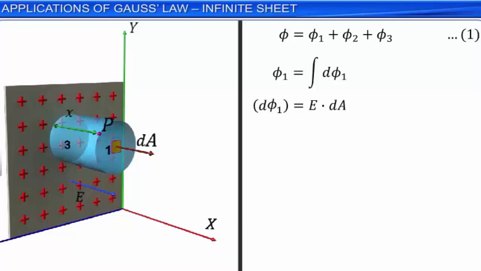Since E and dA are parallel to each other, E dot dA is equal to E dA cos 0, which is equal to E dA. Let this be equation 2.